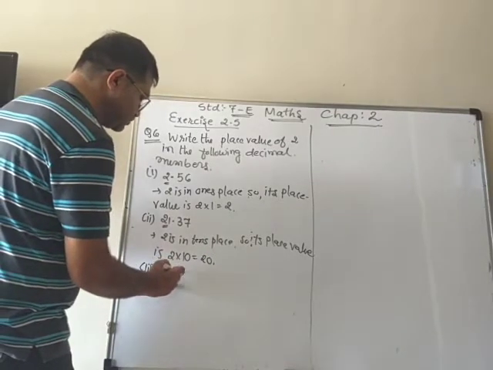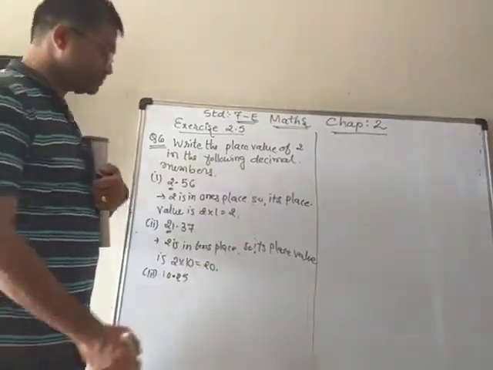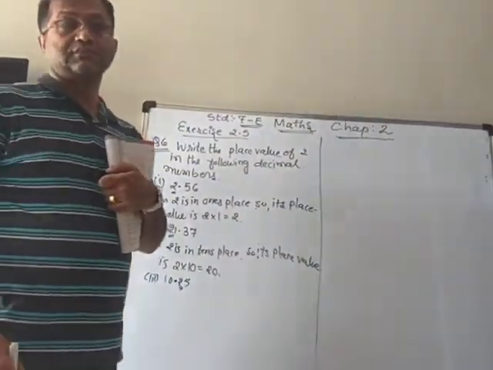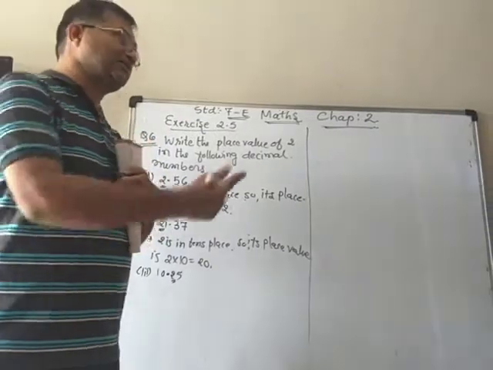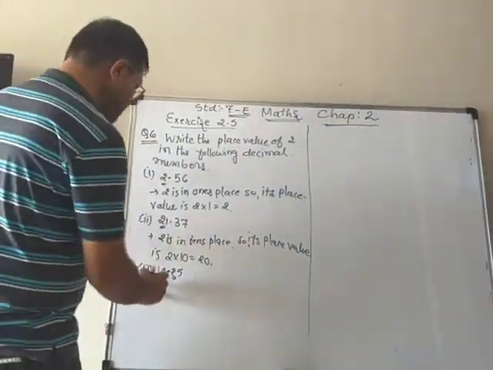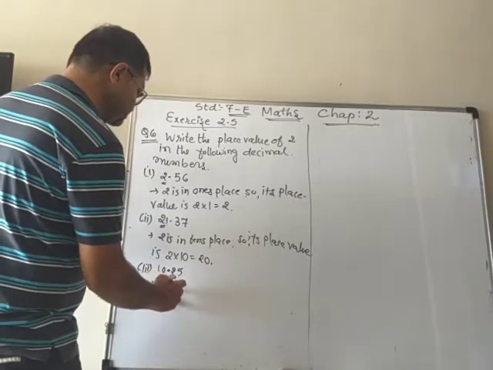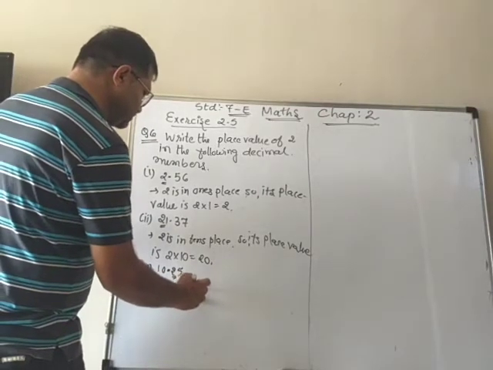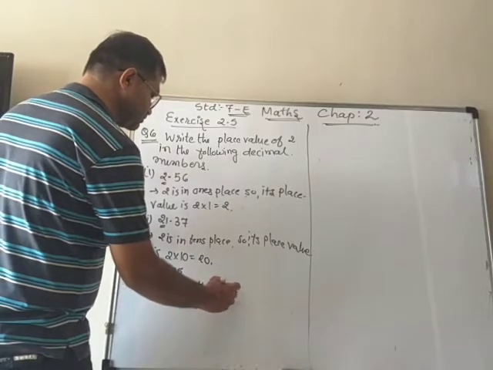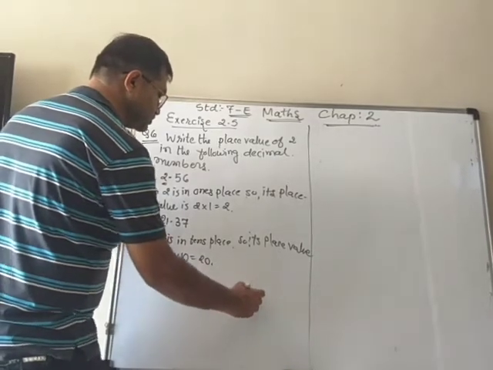Third one is 10.25. Now you can see that this time number 2 is on the right of the decimal, and the first place to the right is the tenths place. So here 2 is in tenth place.